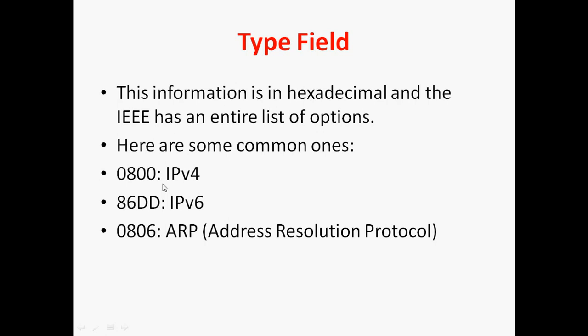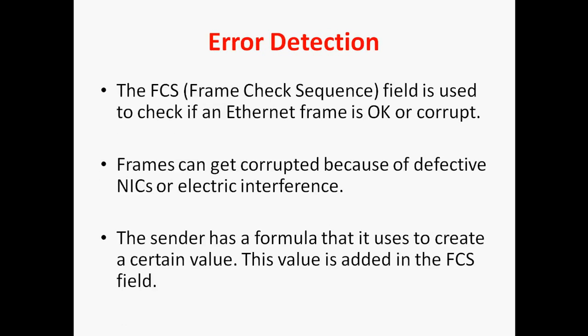If in an Ethernet frame we see type 0800, it indicates the next one should be an IP version 4 packet. In case of 86DD, it means IP version 6. 0806 means address resolution protocol.